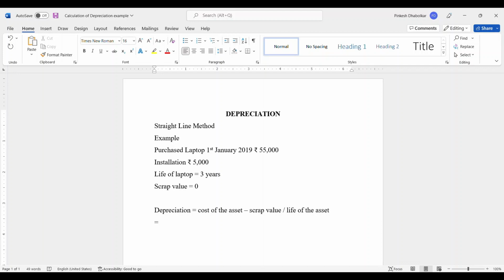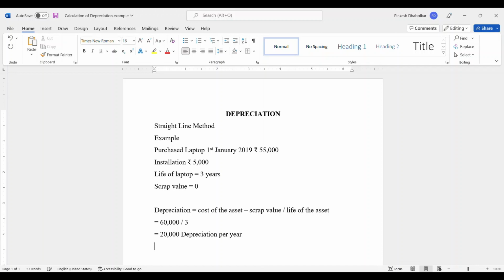So total amount comes to 60,000 minus scrap value 0, upon life of the asset, which we have assumed is 3 years. This gives us a depreciation of rupees 20,000 per year, which means at the end of the third year we are going to have 60,000 rupees with us, which we are going to use to replace the asset.